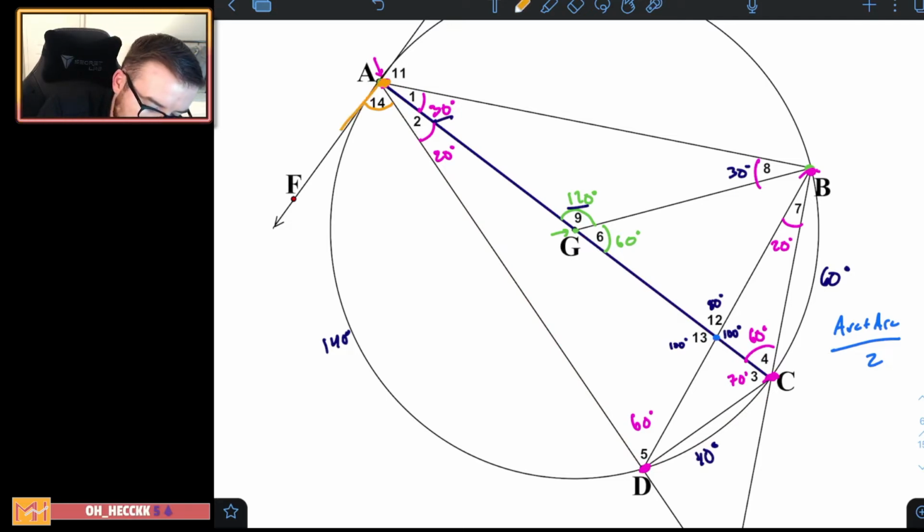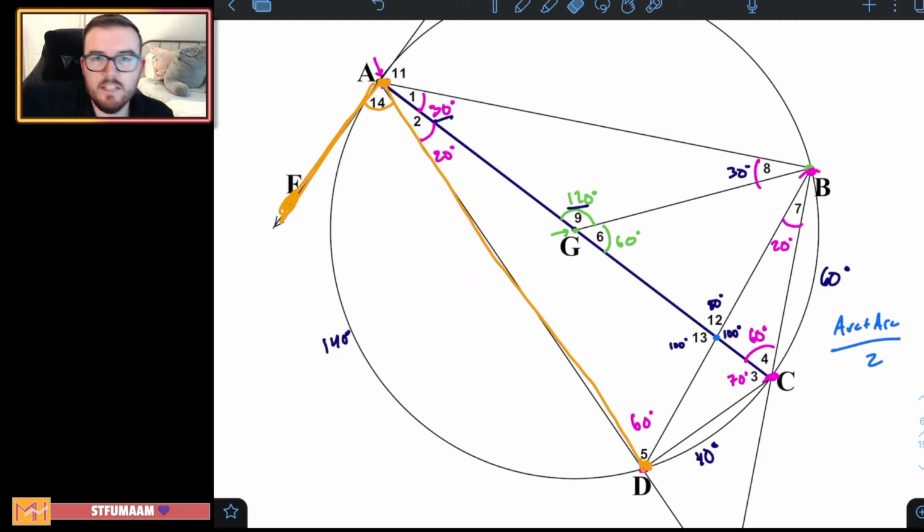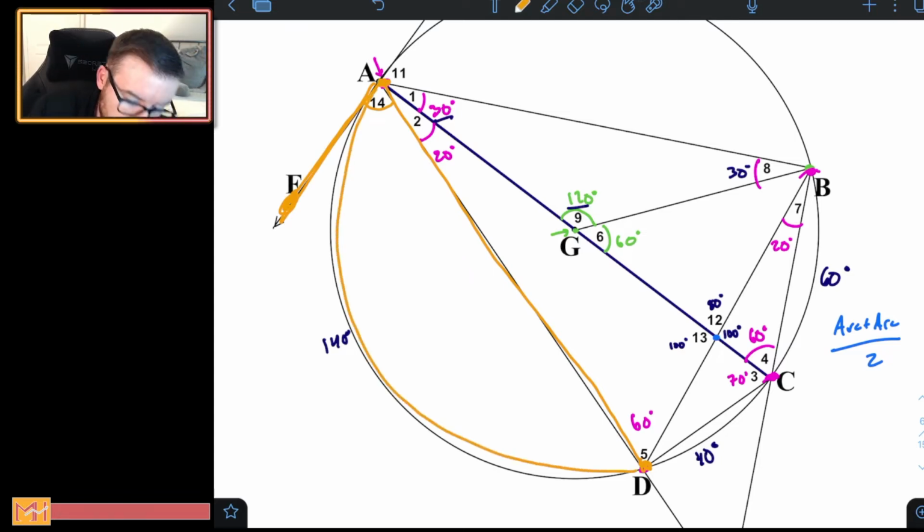But the thing about angle 14 is that this chord doesn't touch the circle again. It just continues on forever. It's not even a chord. It's just this line that continues forever. So where's the arc? It's this entire thing.